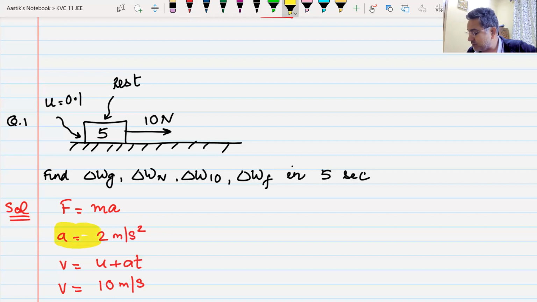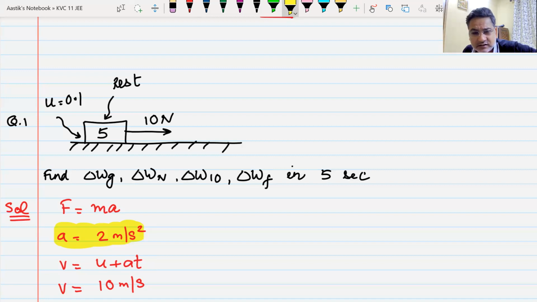Acceleration is coming as 2 meter per second square. How many of you got this answer? All the girls got this answer. How did you get this answer? Can you tell me how you got that acceleration is 2 meter per second square? N is equal to 5a.